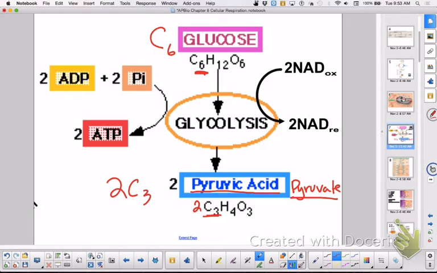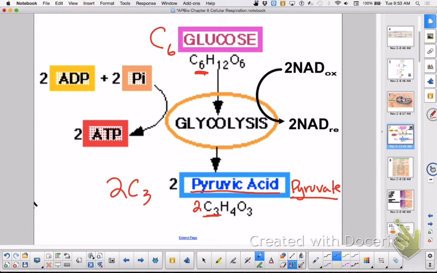I also walk away with 2 pyruvic acids. Look what else I walk away with. Look at this picture. Now you know where the 2 ATP come from. What else do you walk away with? 2 reduced NAD. That is like a check that I'm going to cash at the bank of the mitochondria, at the ETC. So I have started the process of oxidizing.